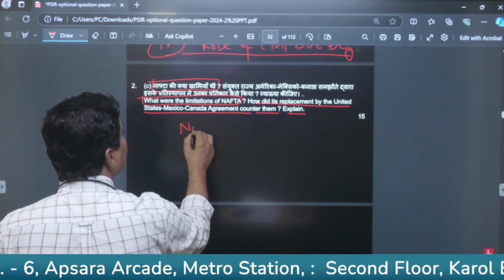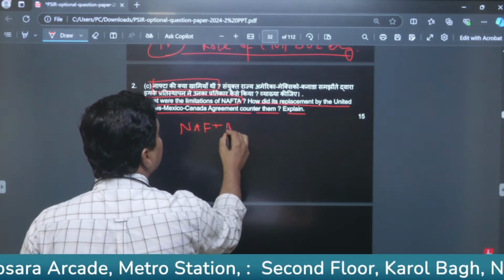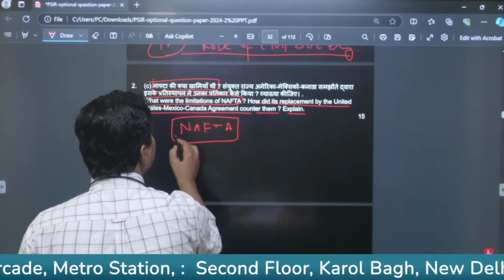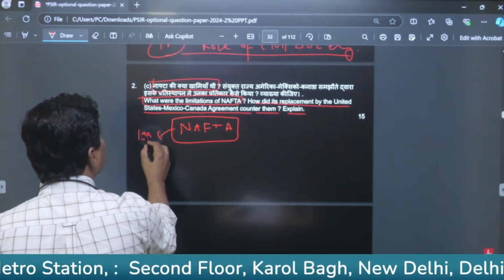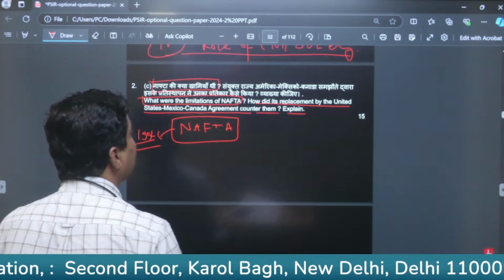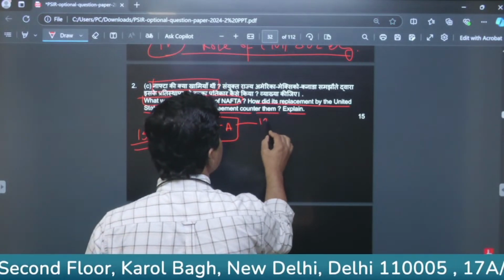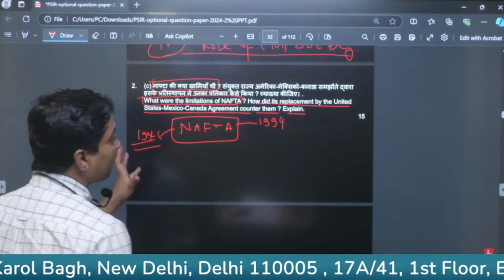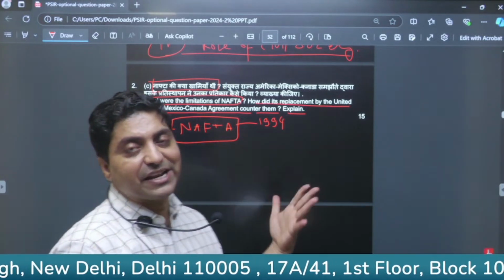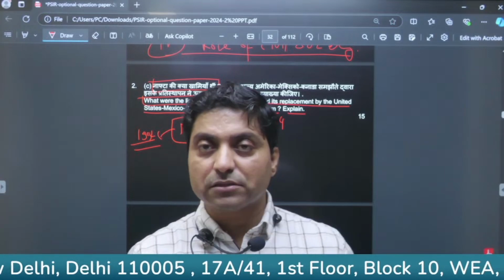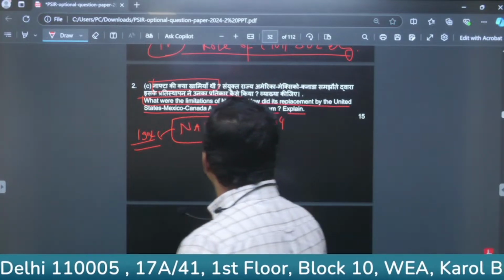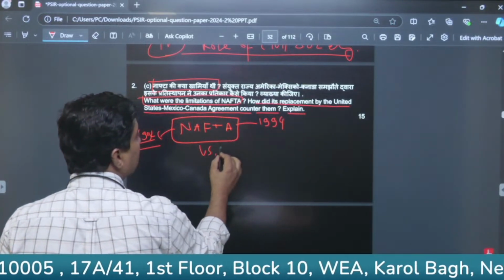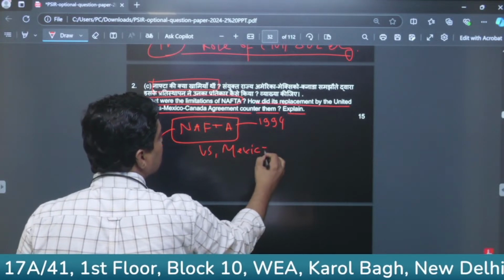Now if you look at NAFTA, it came in 1992, I'll go brief, and NAFTA was enforced in 1994. It was one of the biggest free trade agreements in the North American continent, an agreement between US, Mexico and Canada.